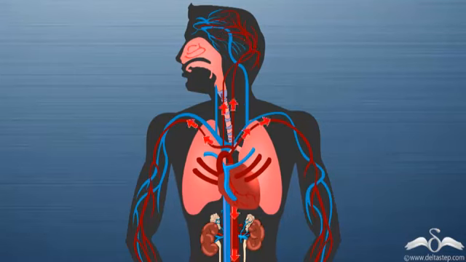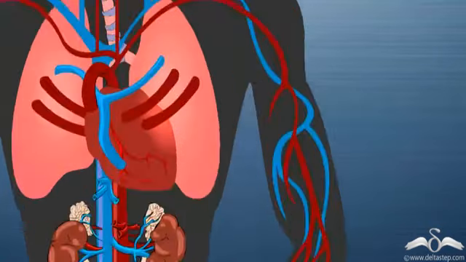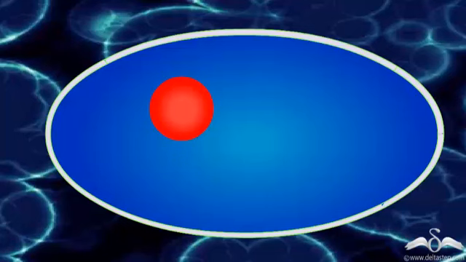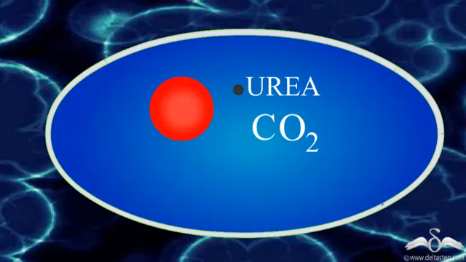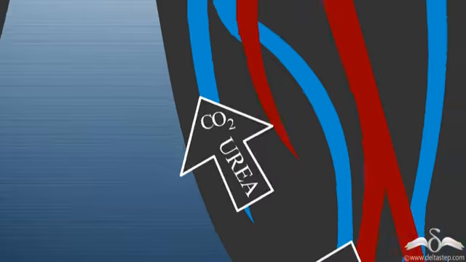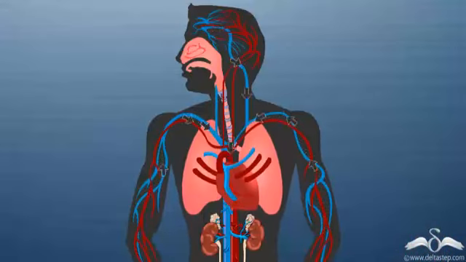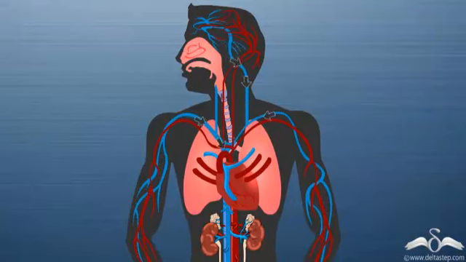The heart pumps oxygenated blood to different body tissues present in the body. The cells of the body tissues take the oxygen from the blood and release carbon dioxide and wastes into the blood. This deoxygenated impure blood is taken to the heart.